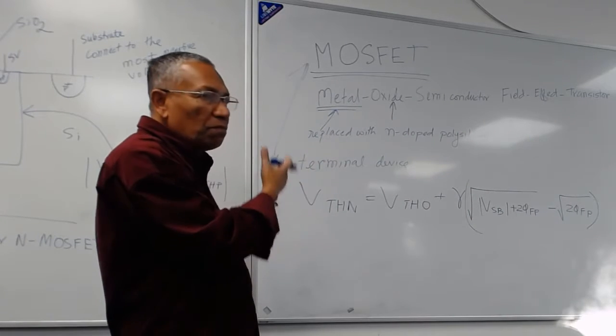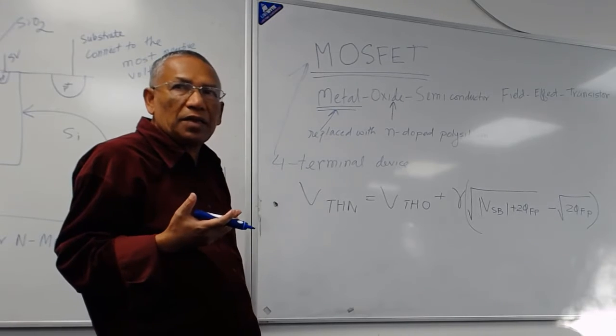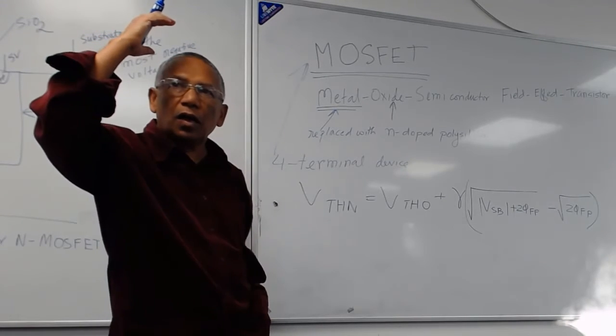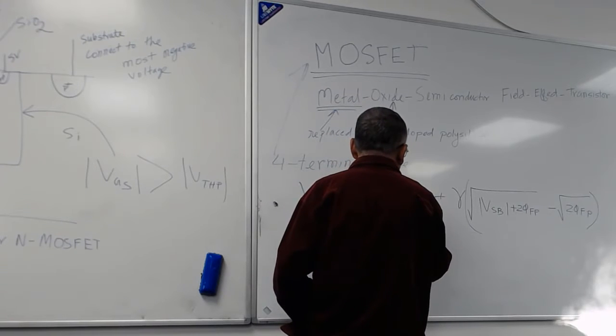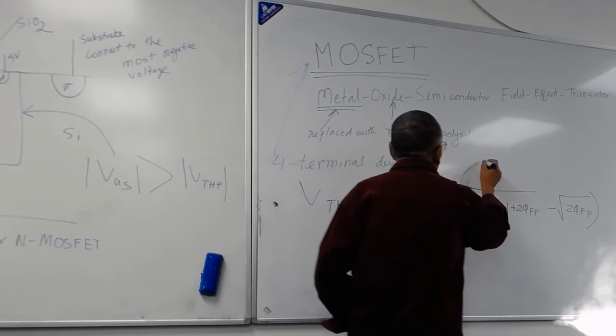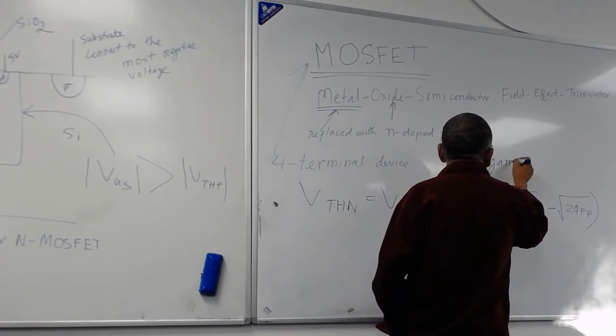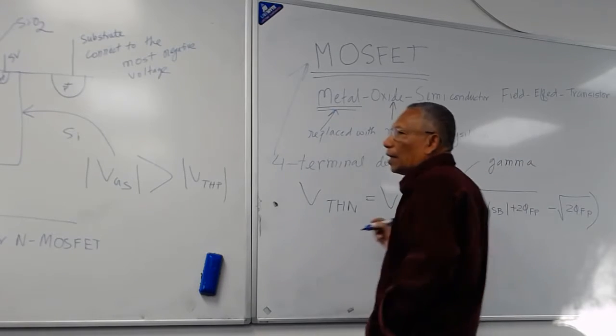Now this looks a bit complicated. The symbol in front of the brackets is VTH0, and this is gamma, the Greek letter gamma.